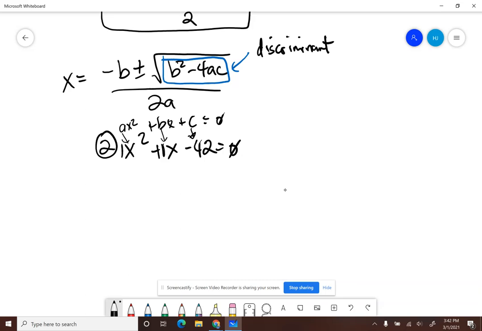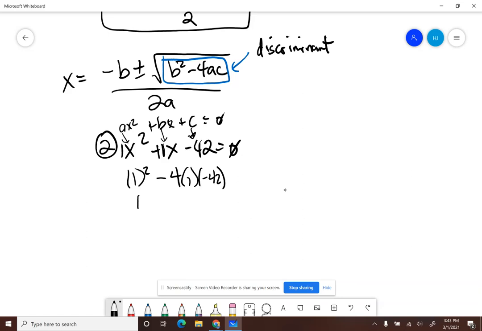So let's work through this. We're going to have b squared, so that's just going to be 1 squared, minus 4 times a, which is also a 1, times c, which is a negative 42. If we do this math, I'm going to get 1 squared, which is just 1.